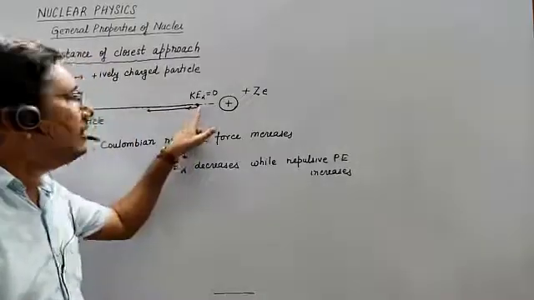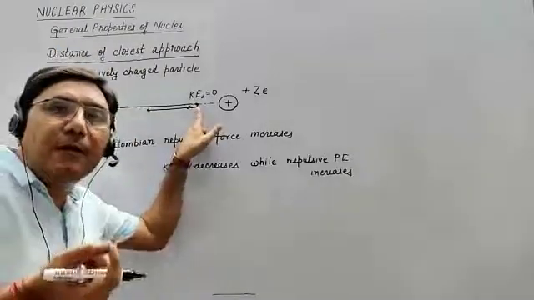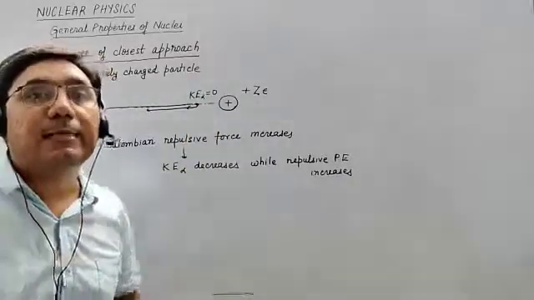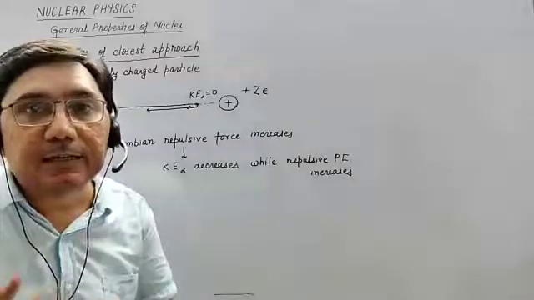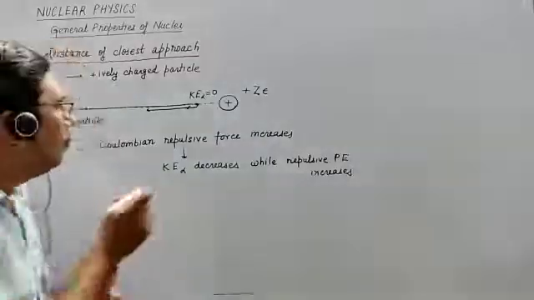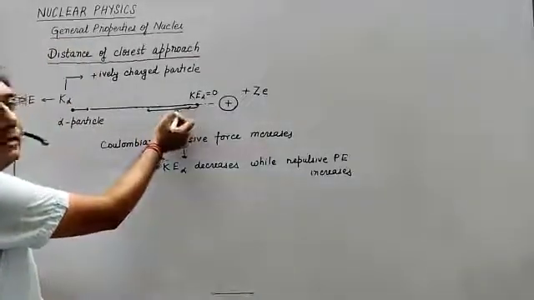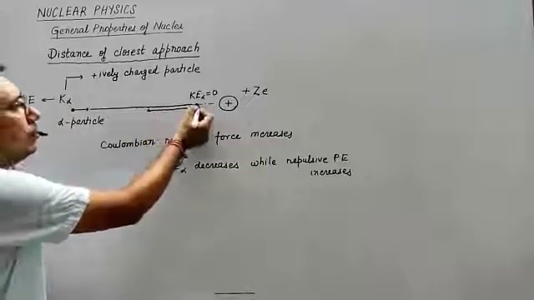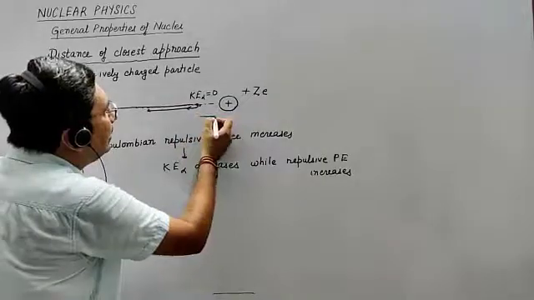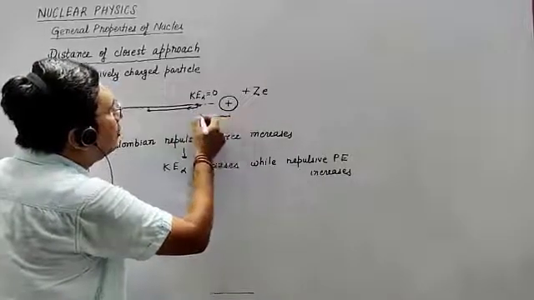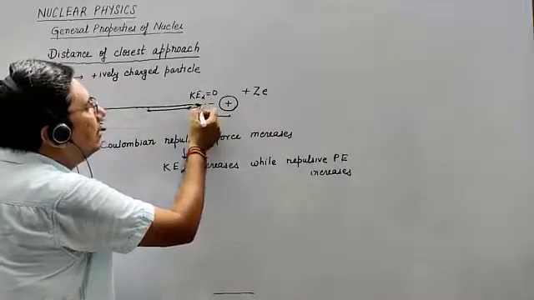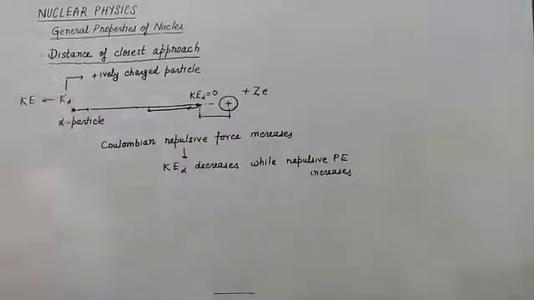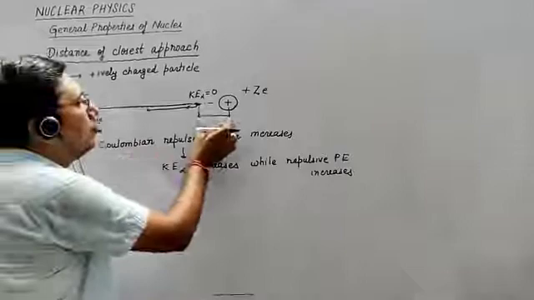Because here kinetic energy is zero, this alpha particle for a moment will be at rest, but still it is experiencing a repulsive force, so automatically it will start moving in the backward direction. So this is the distance: the separation between this nuclei and the point where the kinetic energy is zero, the separation between these two points.